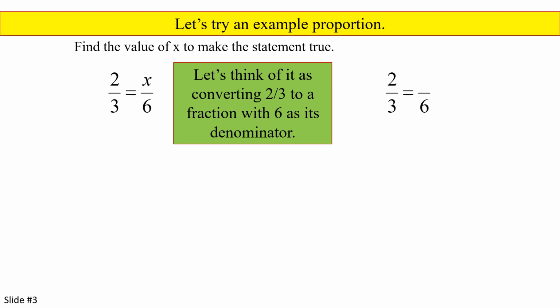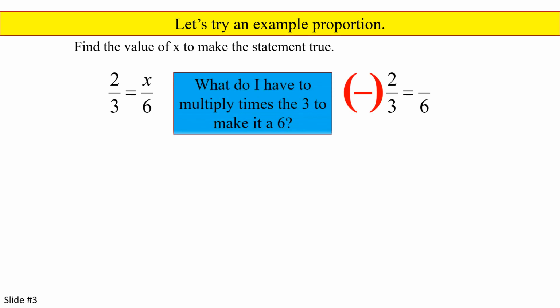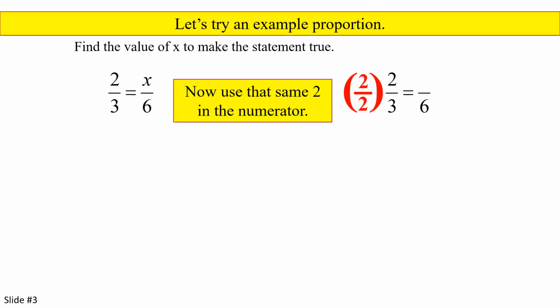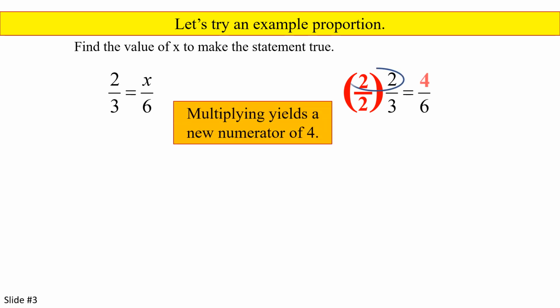If we thought of this as converting 2/3 to a new fraction with a denominator of 6, then we just have to figure out what we have to multiply times the 3 to make the 6, which is the 2. We put the same thing in the top, and we multiply across to get 4.